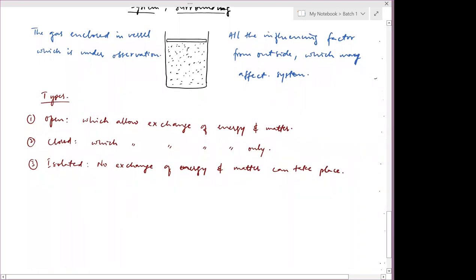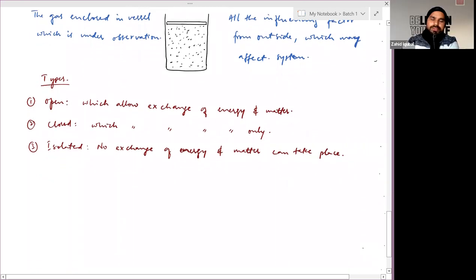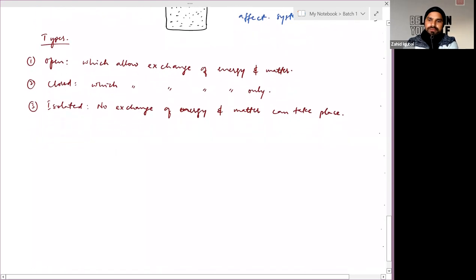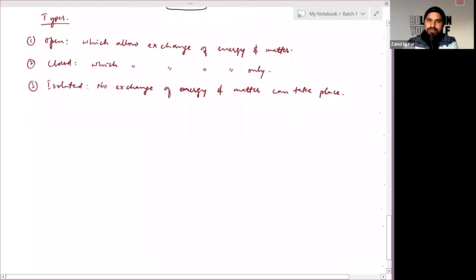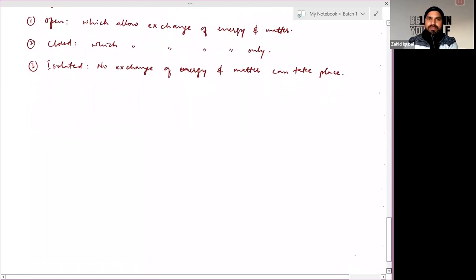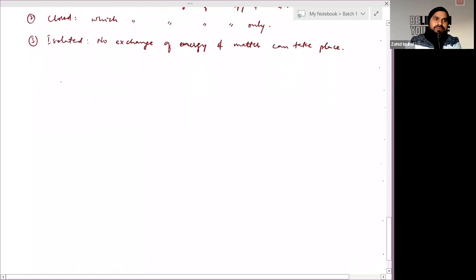Okay. This is the introductory part of thermodynamics. We have to use all these terms in all upcoming topics. So first we start with thermodynamical laws.